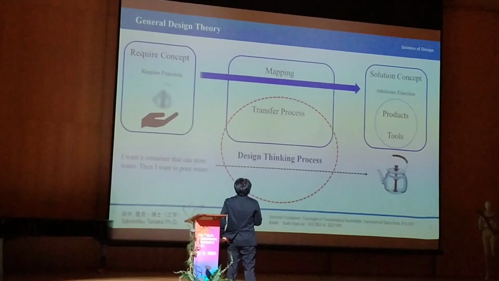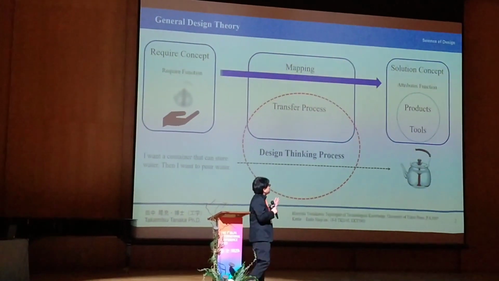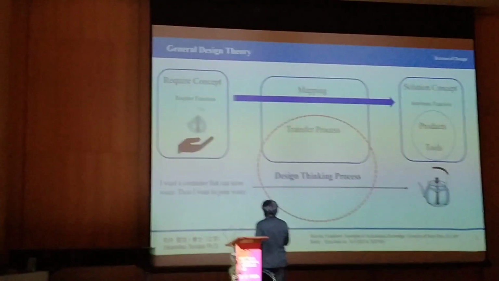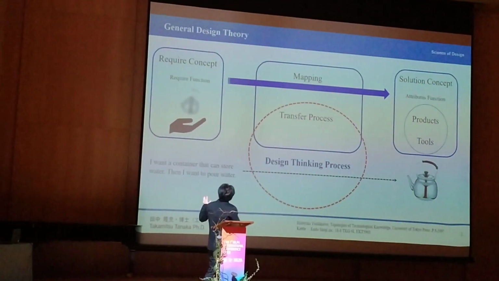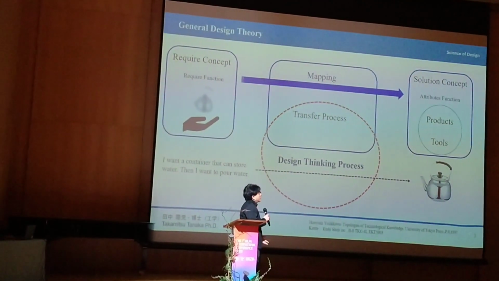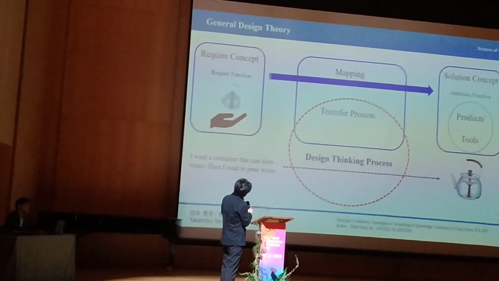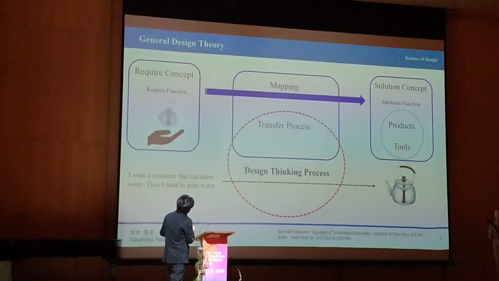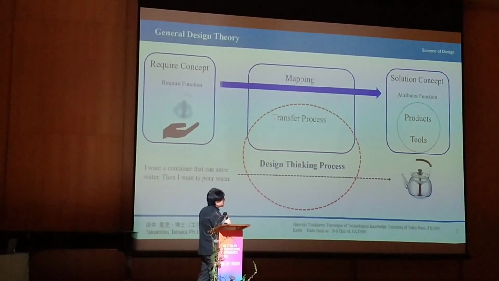So, first of all, I'd like to explain the general design theory. Art and design is a bit different. In design, we have to consider the required concept, and we have to think about the design thinking process.